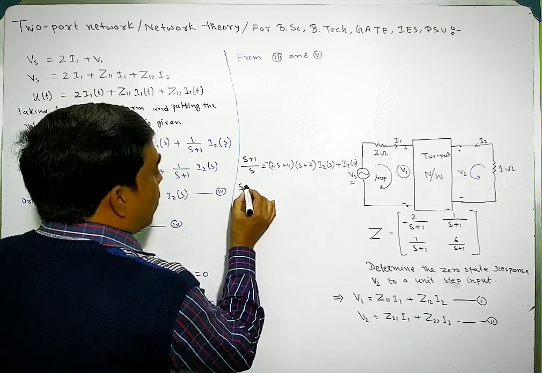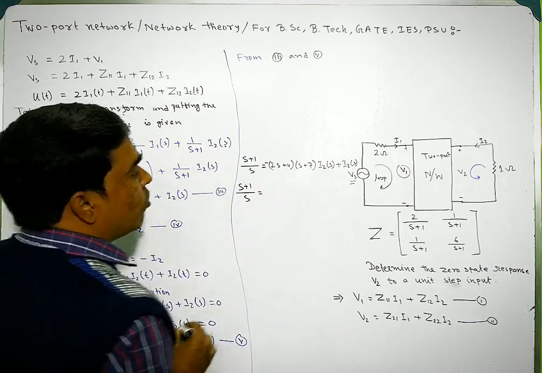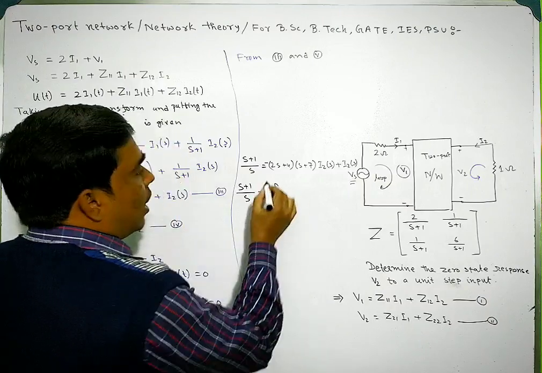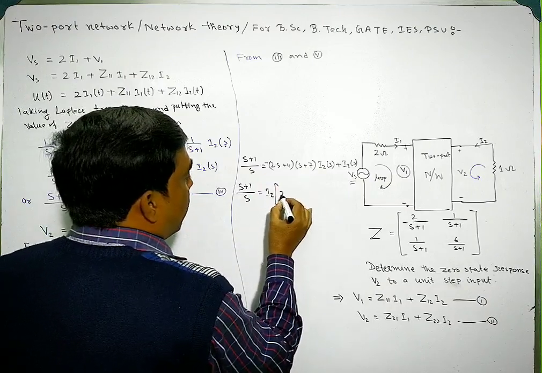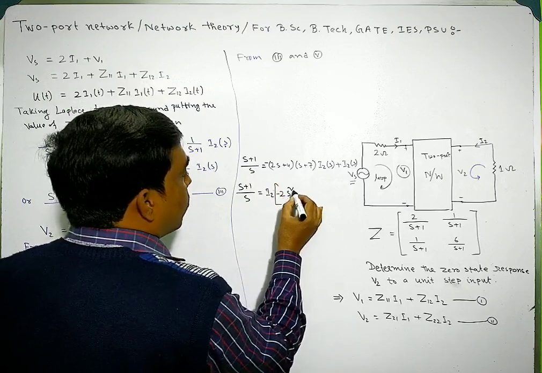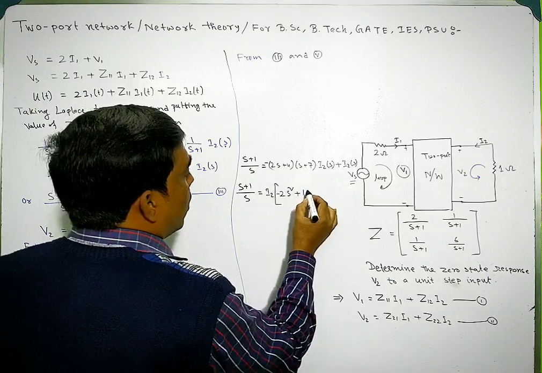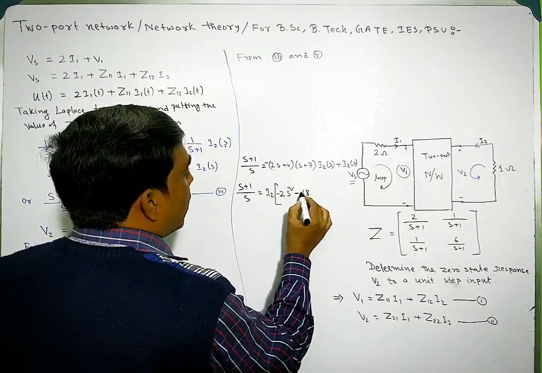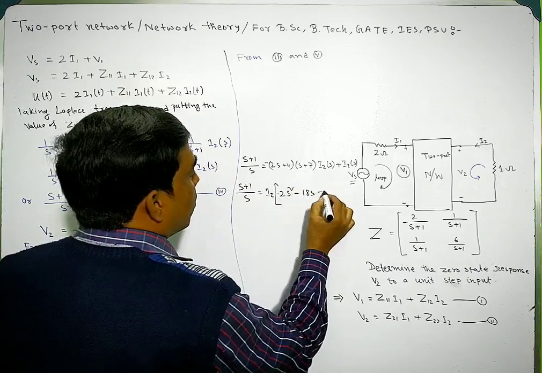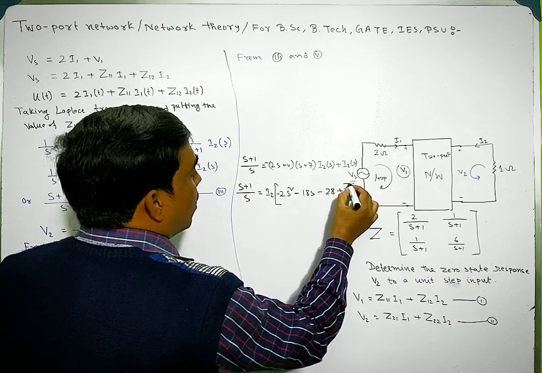Now (s plus 1)/s equals, taking I2 as common and then multiplying, all will be positive: 2s square plus 18s plus 28 minus 1.